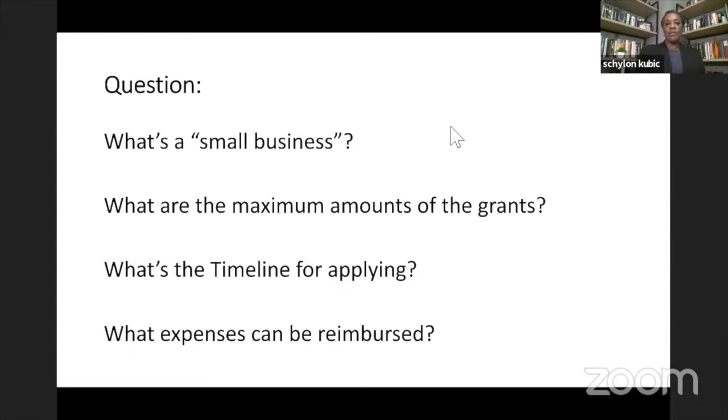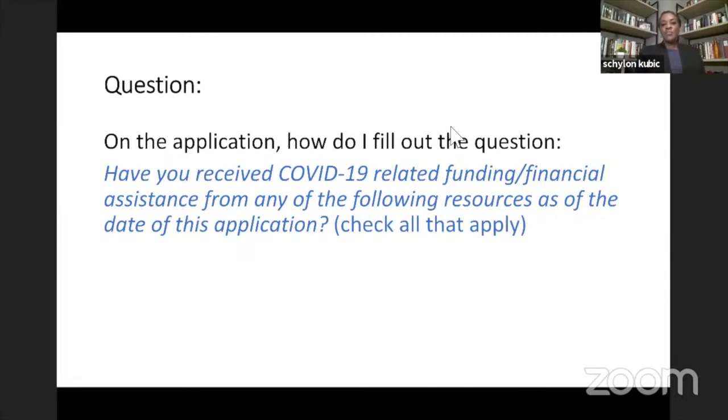Okay, thank you. Missy, on the application, how do I fill out the question that reads, have you received COVID-19 related funding or assistance from any of the following resources by the date of this application? Check all that apply. How should I respond to that? If you have received or made application for any federal or state funds that specifically identify that they are COVID reimbursement, please check those appropriate.